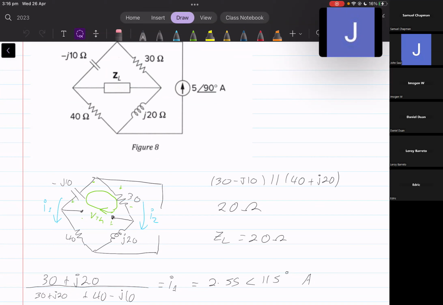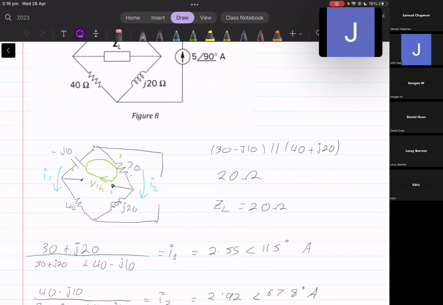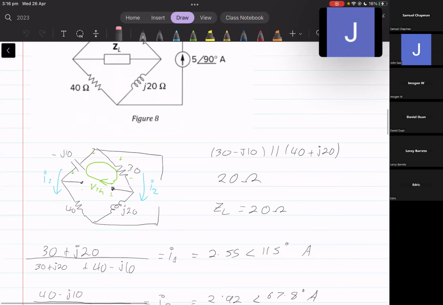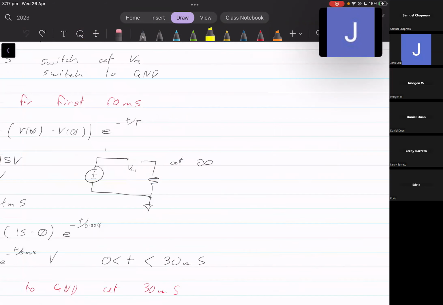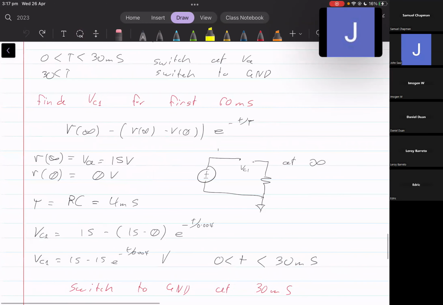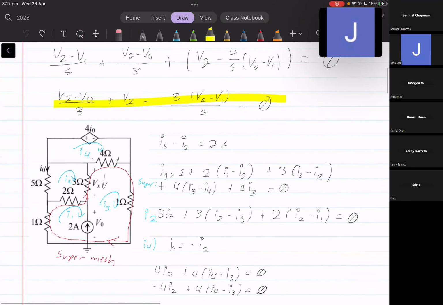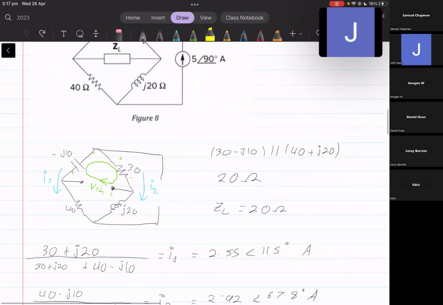Great. So I'll just go over this quickly for you. The 30 ohm is in series with the minus j10, because when we look at it this way, at the start, the path for currents is this way for one, to the top half, and the bottom half it will be going similarly here.